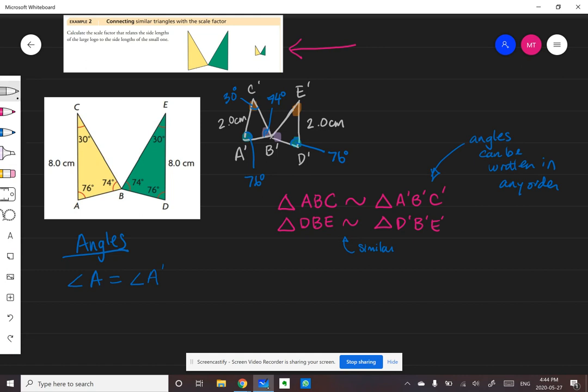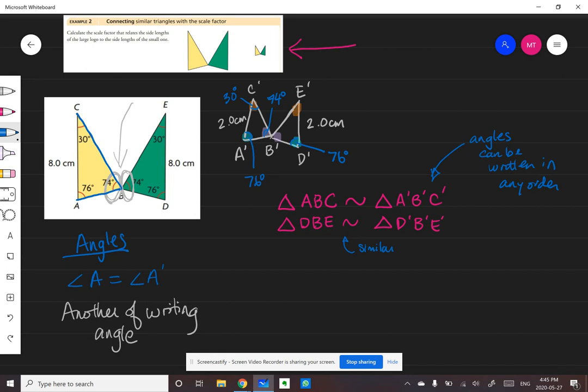Another method of writing angles is that you can actually describe all three vertices to make a line, make a corner. So if I am talking about angle B, right here, both of these being 74, another way that I can describe that is calling it ABC.